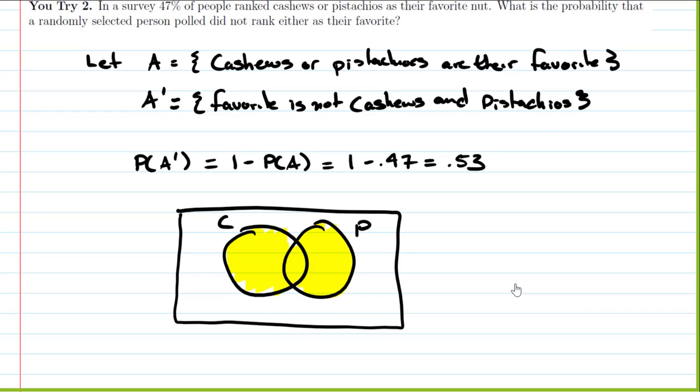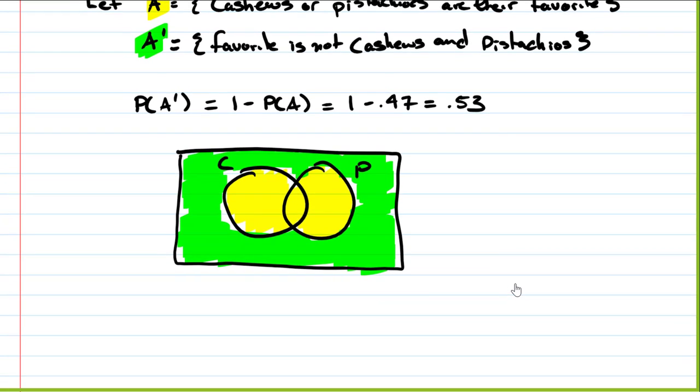So then the complement would be what? If this is A, then what would A complement be? Yeah, everything on the outside. But how does that work in terms of C and P? We didn't need it in this problem, but it can sometimes be helpful.